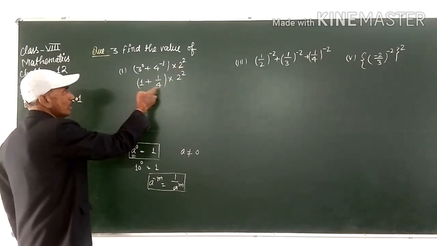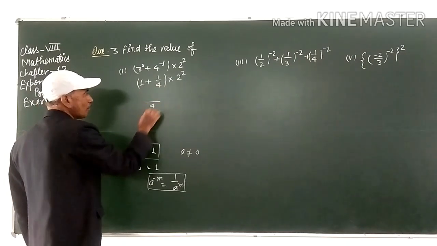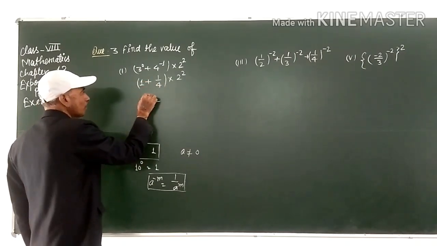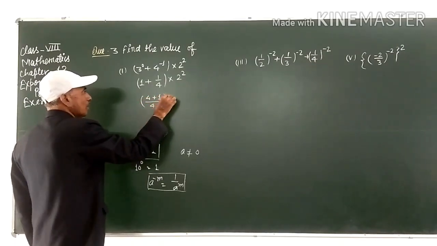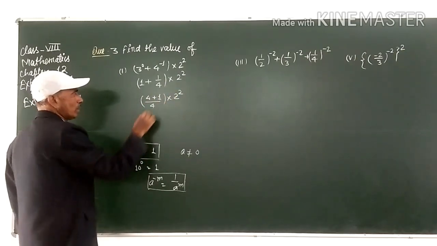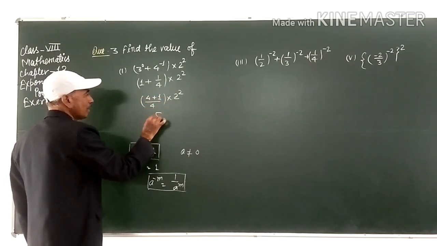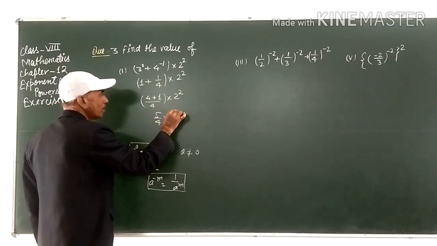Now students, in this we will take LCM, that is 4, and this one 1 4 ja 4 plus 1 into 2 raised to the power 2. Now it will be 5 by 4 into 2 raised to the power 2.